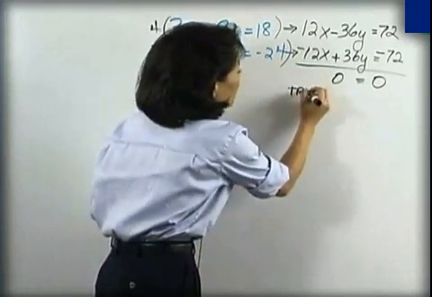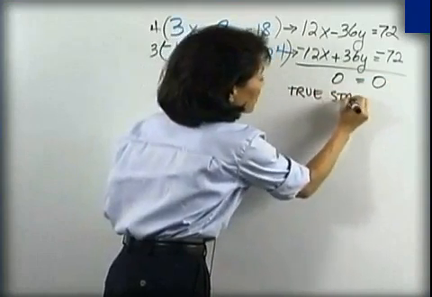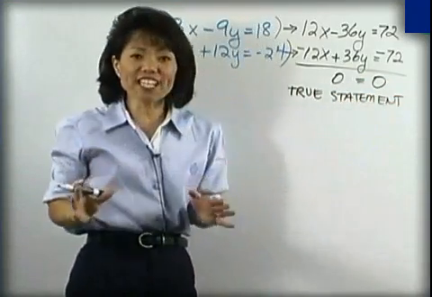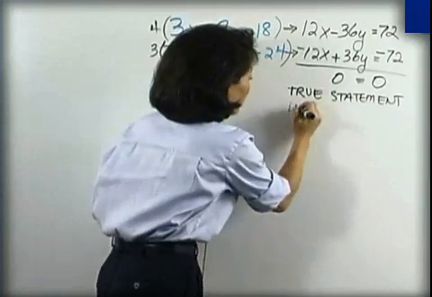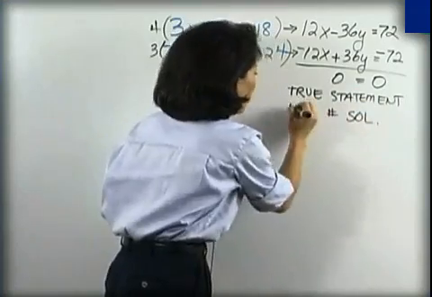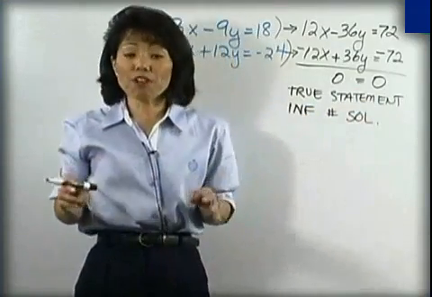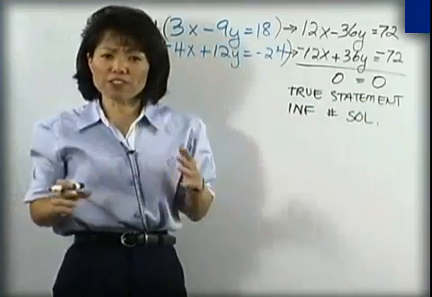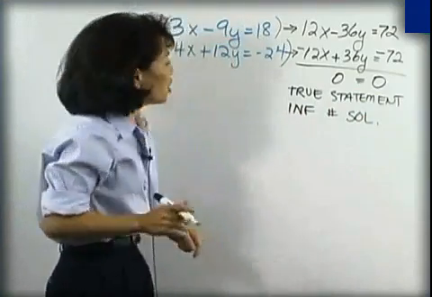So what does that mean when I get a true statement? It means that there are an infinite number of solutions. Infinite number of solutions. What does that mean? That means there are an infinite number of ordered pairs that will make these two equations true. Now, what does that mean geometrically?